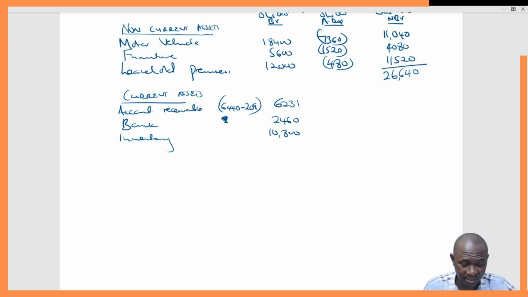Do you have any other current asset? I doubt. If we don't have any other, we add these ones, but we'll check again. Plus 2460 plus 10,800. So that gives you 19,491.